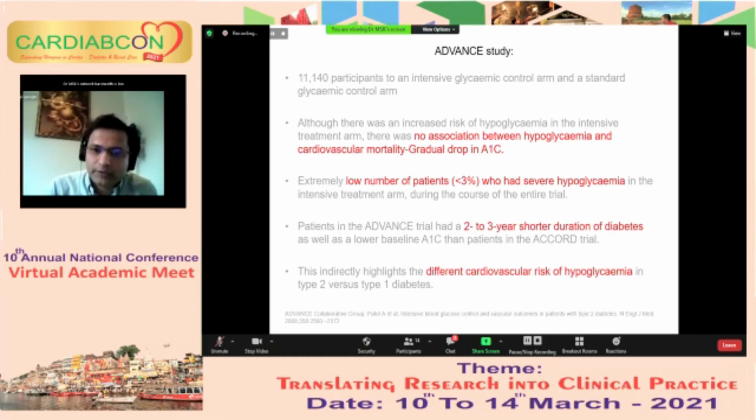That could be because the blood sugar drop was achieved over a period of time. So the gradual drop in HbA1c achieved in the Advance study could be the reason for the reduced cardiovascular mortality.